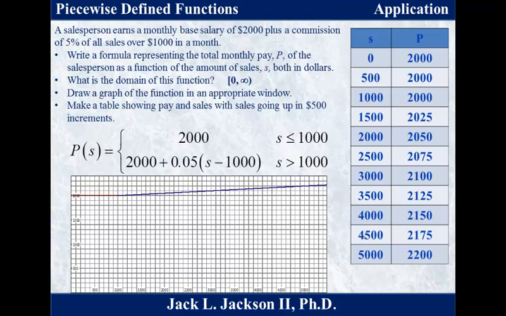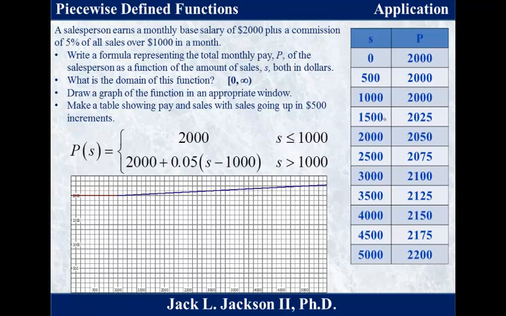Their salary is they just don't get a commission, so they just get their straight salary of $2,000. And so that's straight across, horizontal. In our table, I didn't color it red because this is just one function, but you do see it there as the first part of this table with all the 2,000s here.